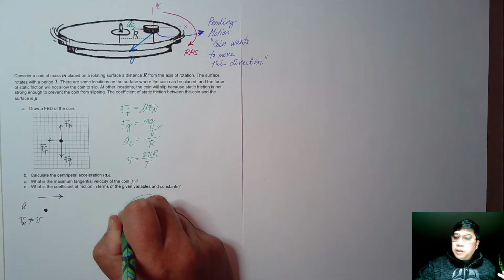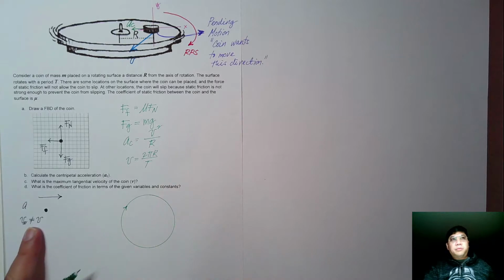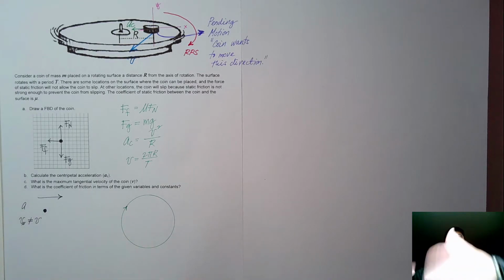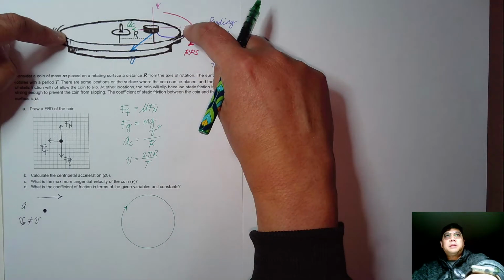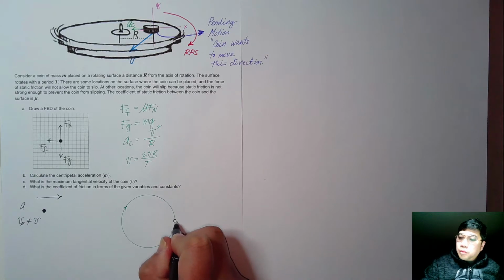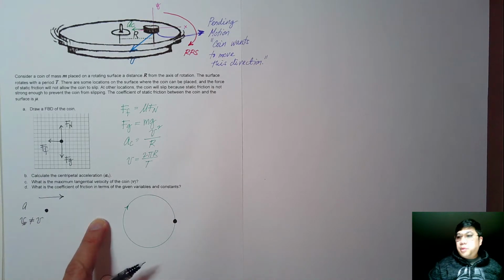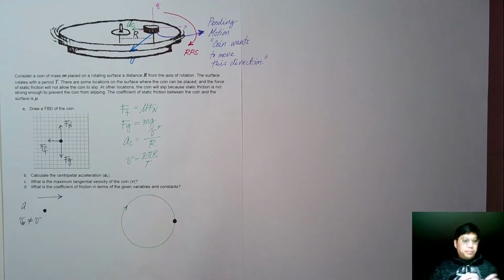So assuming that it is moving this way, this is top view. Okay. So you're looking at it from on top. Now we have our coin on the right, while in this case, the coin is just moving straight. This time, the coin is moving in circles.